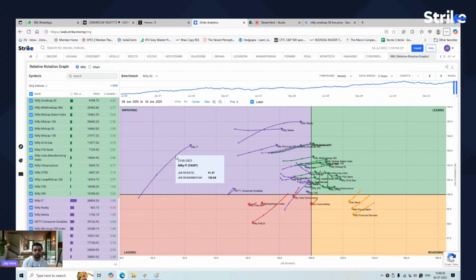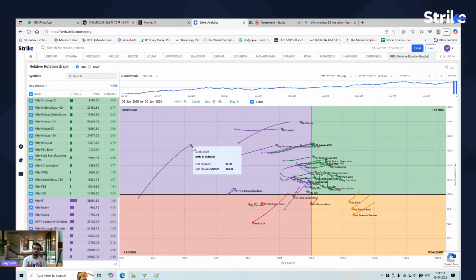Even the RS ratio has increased. This is weekly time frame, so last week it was 91.47 and this week it is 92.39. So that's why it is angling towards northeast.